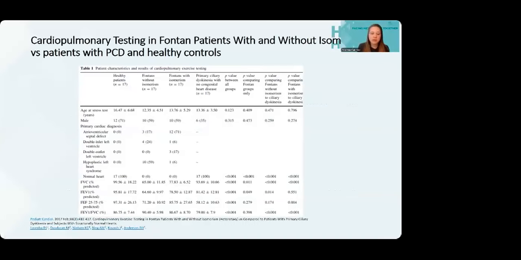But similarly to the last group, the patients with Fontan physiology, so congenital heart disease, had significantly lower lung function, specifically restriction. Those with PCD had a little bit more obstruction as compared to the other groups, certainly as compared to the healthy groups. And interestingly, there wasn't a huge difference between the Fontans with and without isomerism, but those with isomerism actually had slightly better lung function.